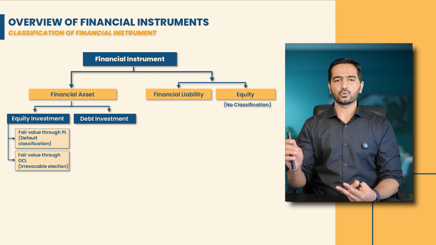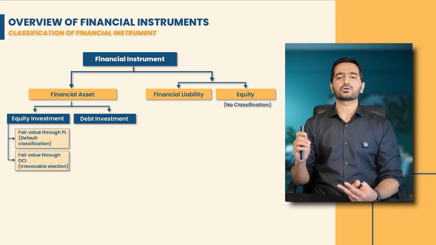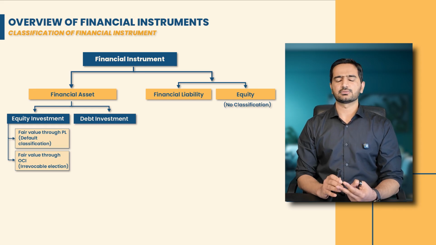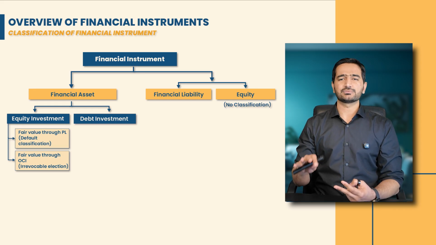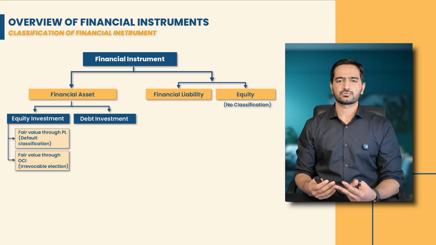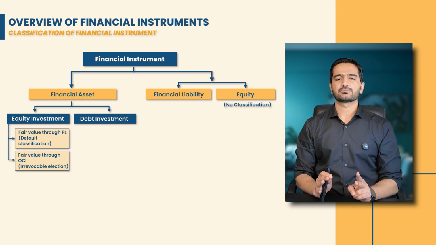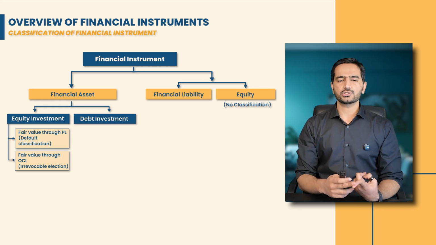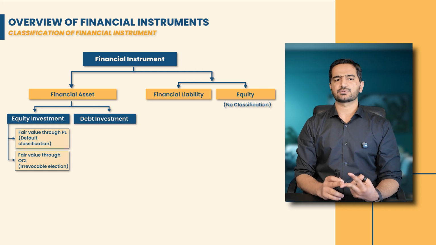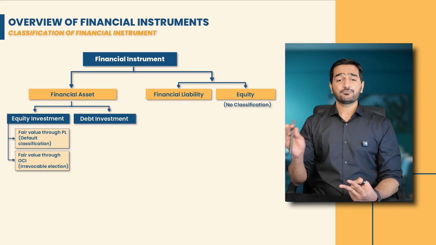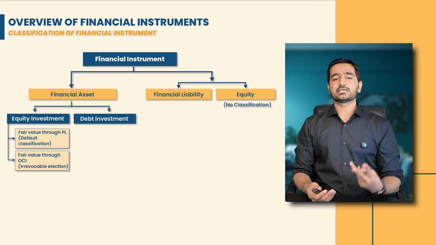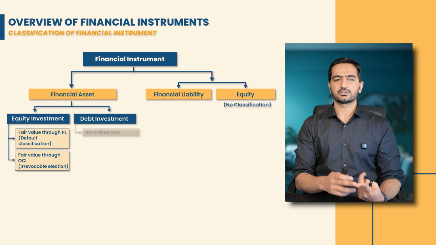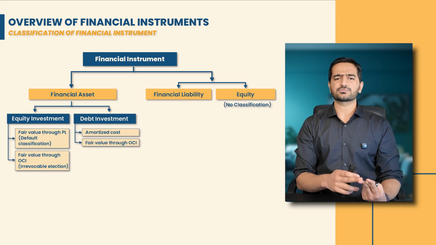The difference is only where the fair value gains and losses go, either through profit and loss or through other comprehensive income. We will cover the details of this election in our later lectures. For today, just remember, equity investments have two options: fair value through profit and loss or fair value through other comprehensive income. Then for debt investment, IFRS 9 gives us three classification options. Number one is amortized cost. Number two is fair value through other comprehensive income.